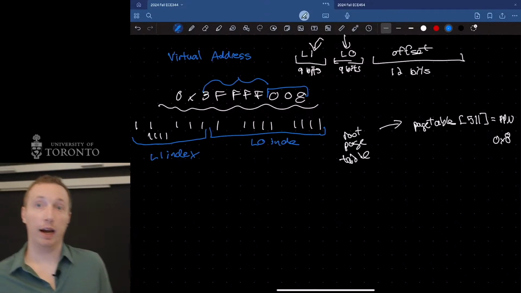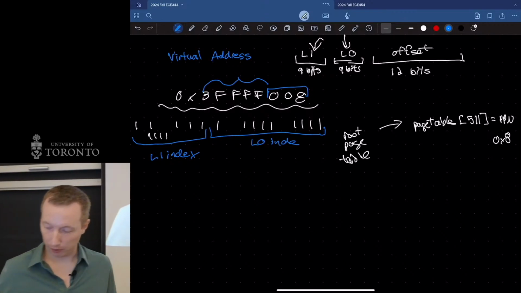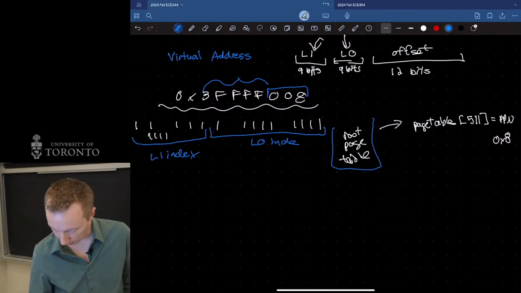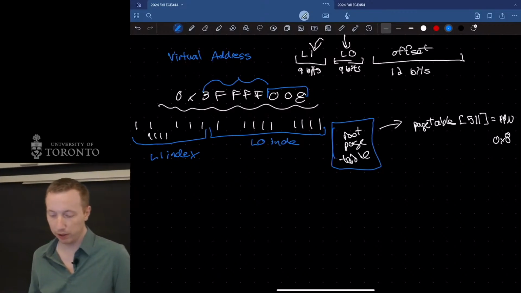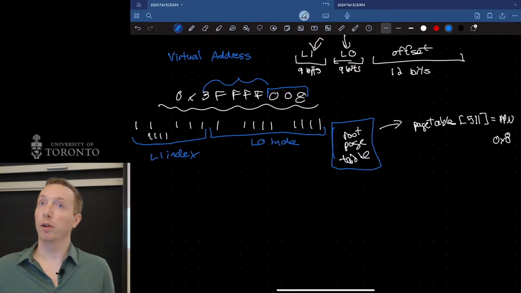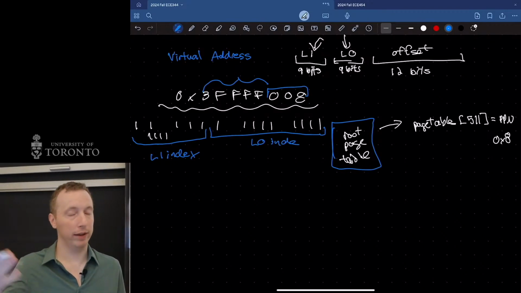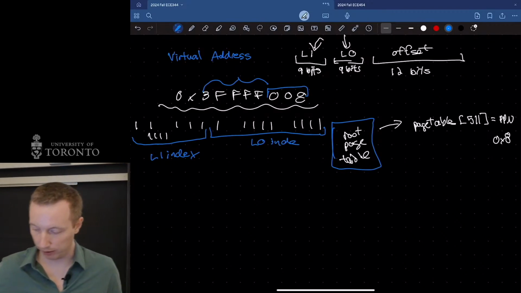So as part of translation, there would be a register that tells the MMU, the memory management unit, which L1 page table I need to start off my translation.